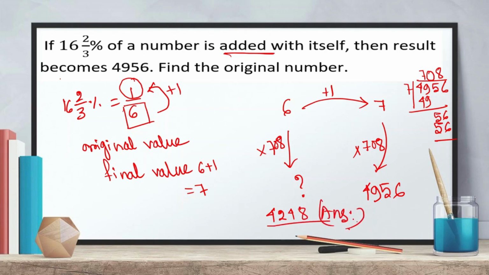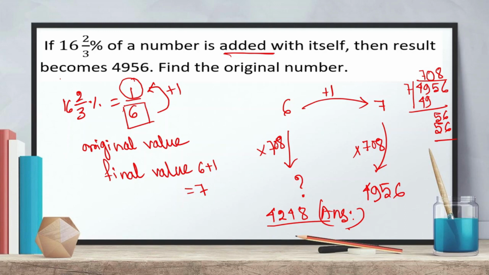So what we have done here? As I told you, whatever is in the denominator is the original value and whatever is in the numerator is the increment or decrement value. Here we can see that in the question it is given that 16 whole 2 by 3% of a number is added. Added means increment. So the final value would be 6 plus 1, that is equal to 7.